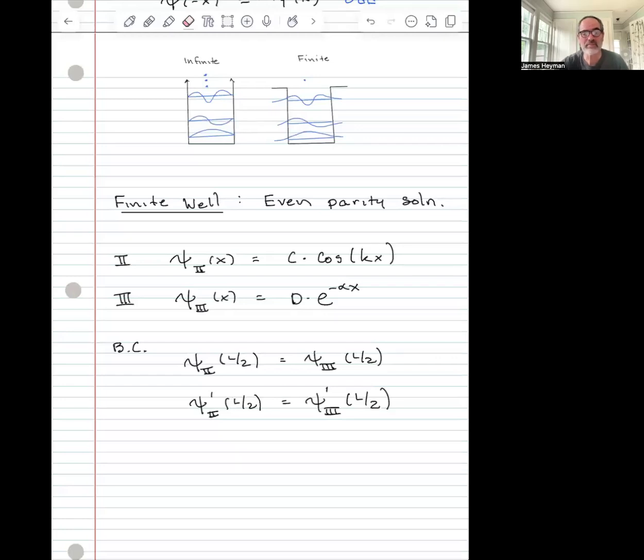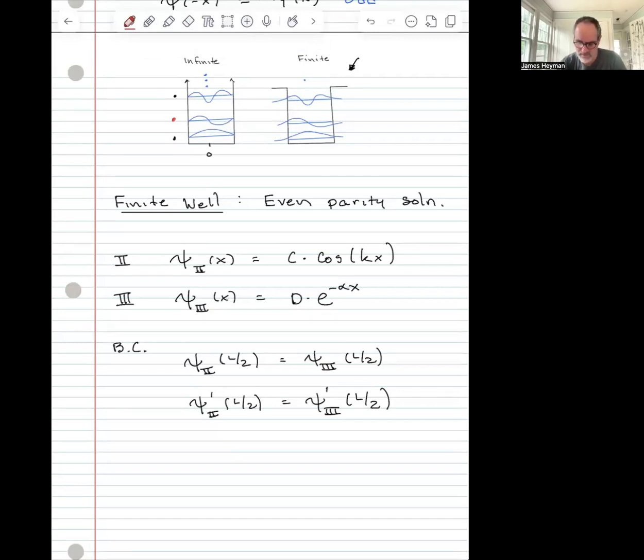Okay, so remember our problem. We're trying to find the energy states for this system here, the finite well, and we're looking now for the even parity solutions. Just to remind you, if we had set up our infinite well in the same way, then the n equals 1 state, n equals 3 state, and n equals 5, and so on, would be even parity states, whereas n equals 2 and n equals 4, and so on, would be odd parity states.